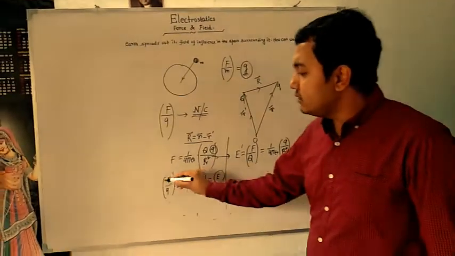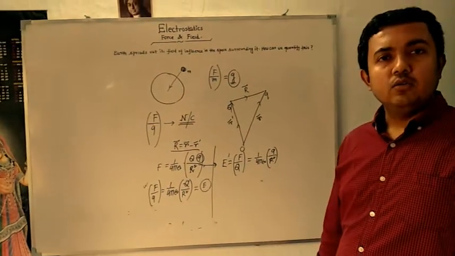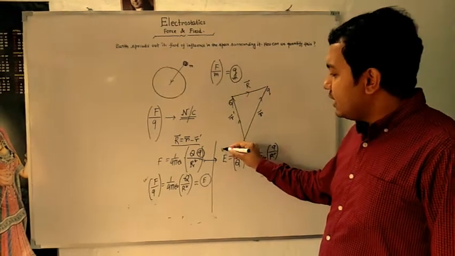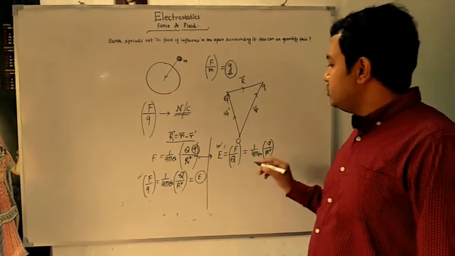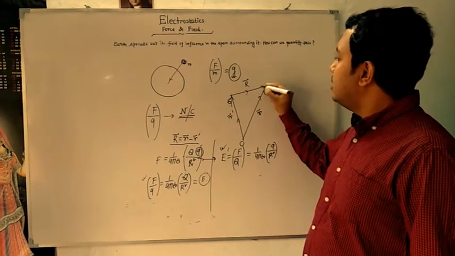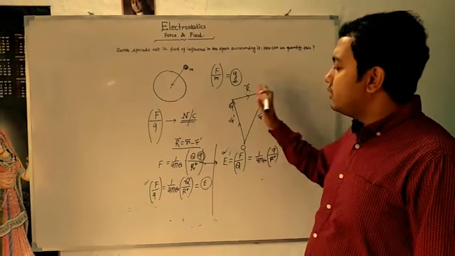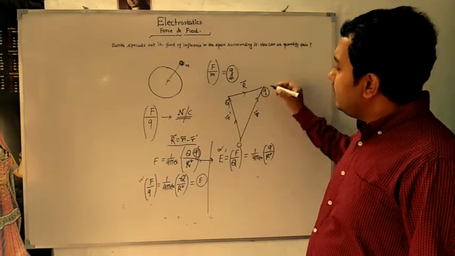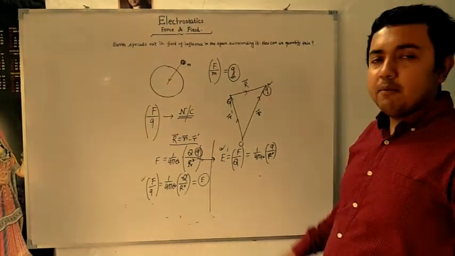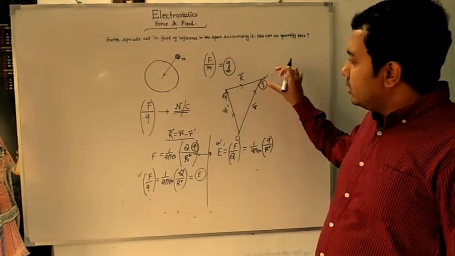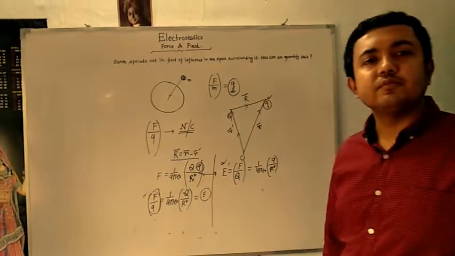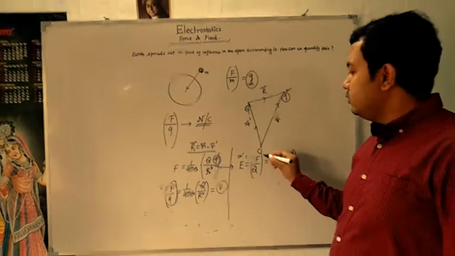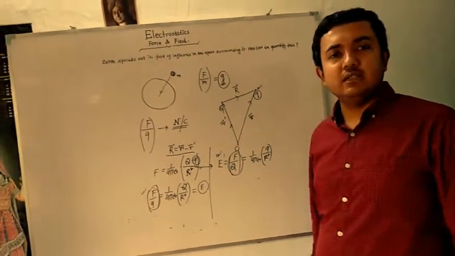If we measure this field, we should try to minimize this field E dash, and for this we have to take the value of small q very small with respect to capital Q. If we take very small value of q, then this value will be greater and this value decreases.